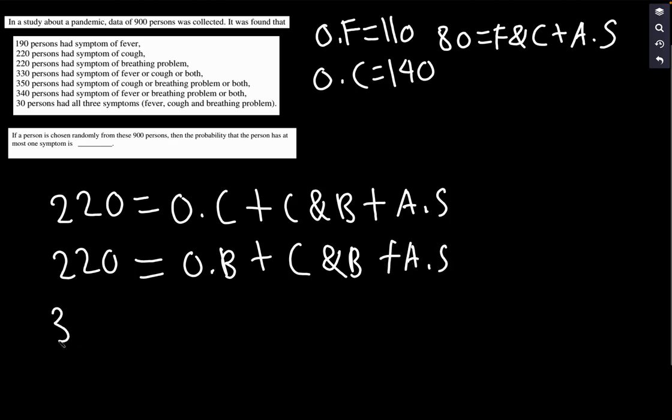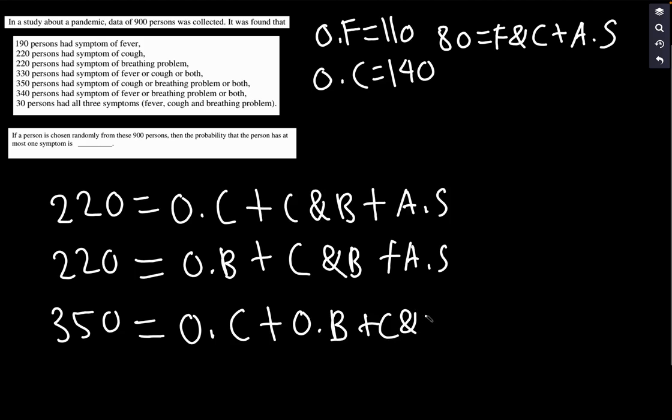For the last equation, 300 persons who had symptoms of cough or breathing problem or both equals only cough plus only breathing plus cough and breathing plus all symptoms.